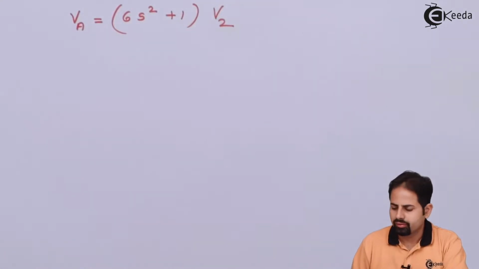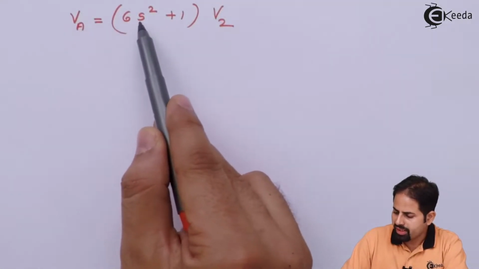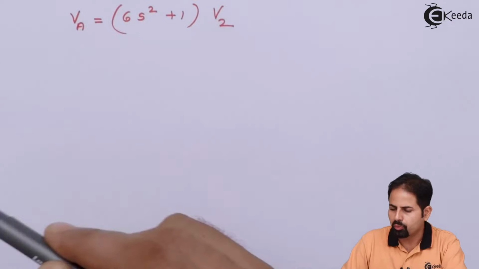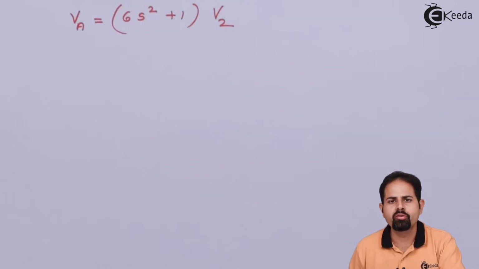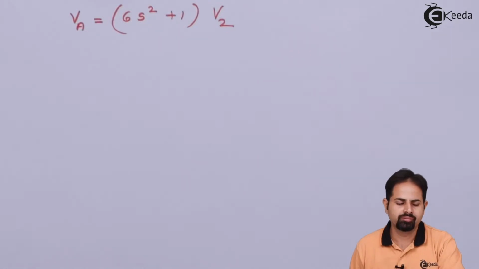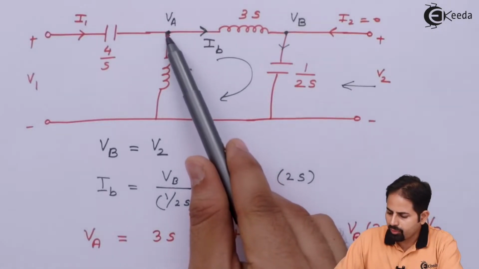So I have got VA equal to 6s square plus 1 into V2. Now VA is done, and in this circuit we are done up to VA.